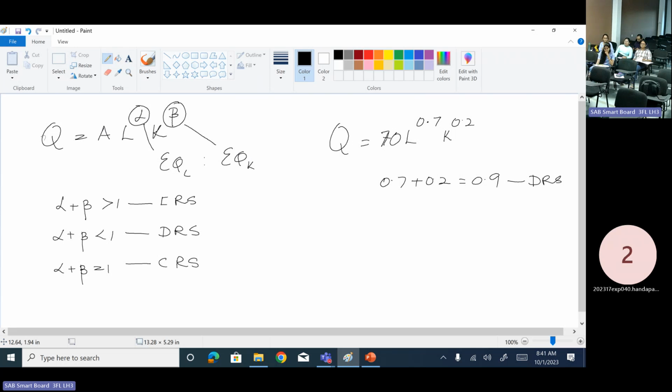So that is the MRTS, the slope. If we take this production function with respect to K over L or L over K, you can measure the MRTS, the marginal rate of technical substitution.